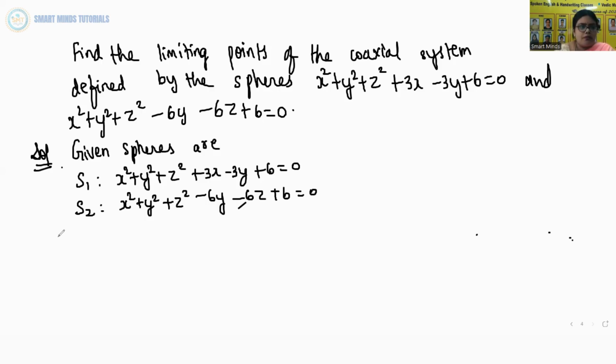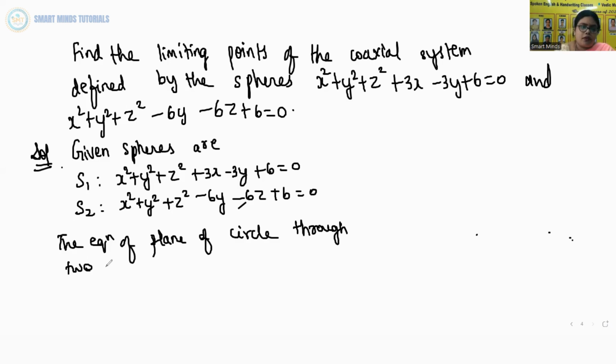Now let us write the equation of the plane of the circle through two spheres, which is S1 minus S2 is equal to 0. So let us subtract those two sphere equations.